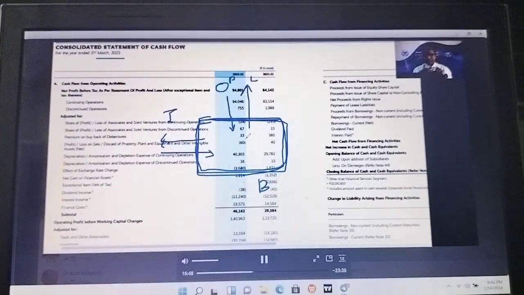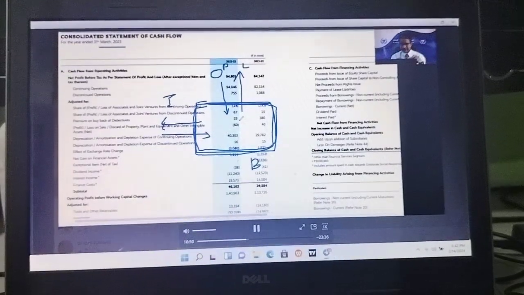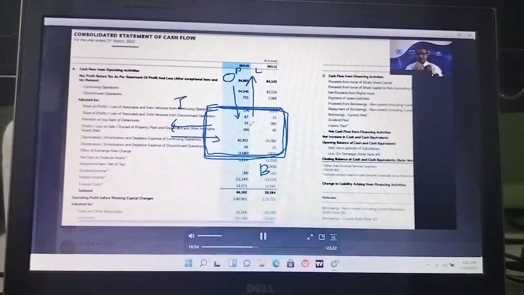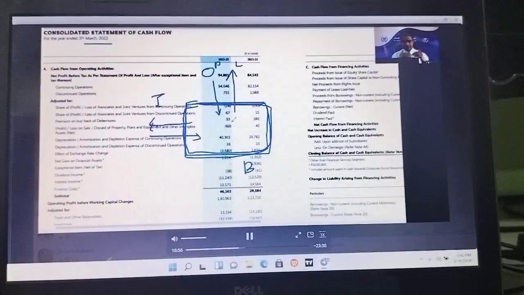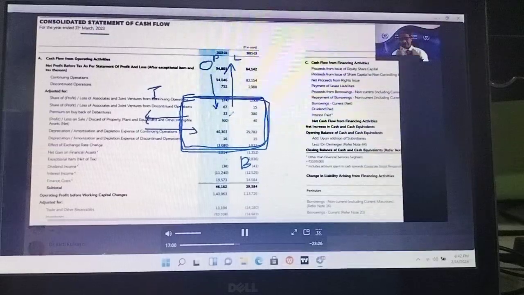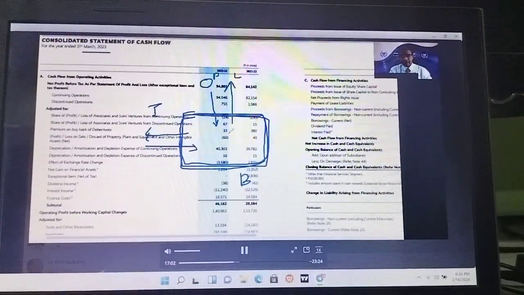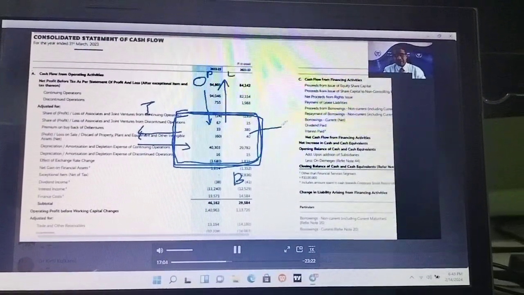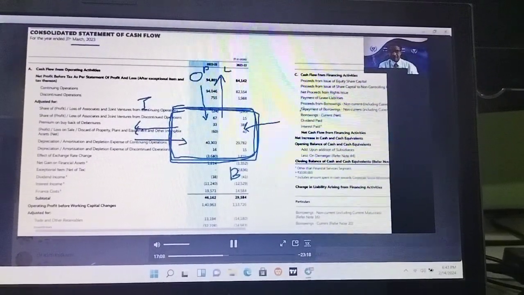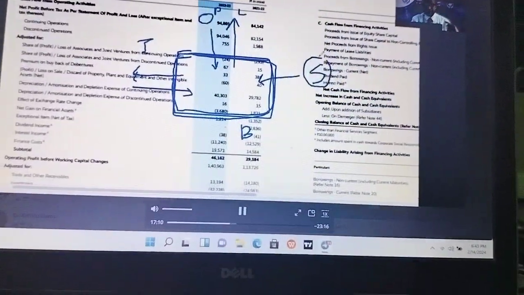So this is the actual money which is going in. Clear? Operating is easy to understand. If profit, money comes in; if loss, money goes out. If you buy investment, money will go out. If you sell investment, money will come in. Okay. Third is the financing activity. If a shareholder buys shares, money comes in.